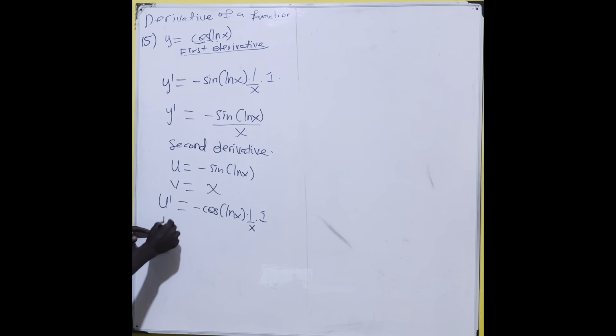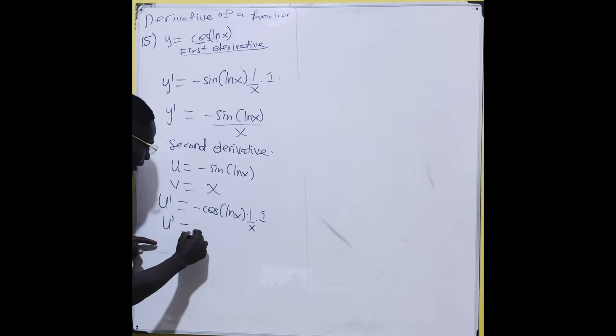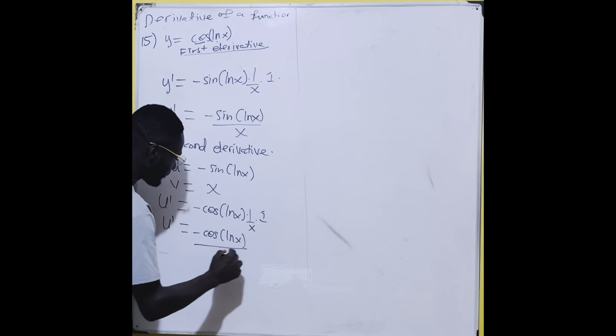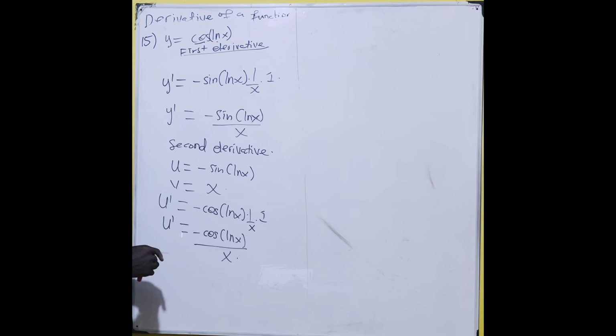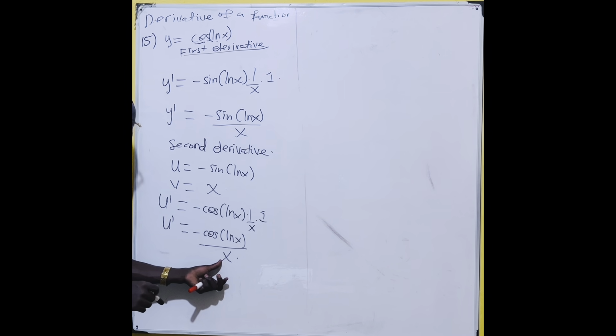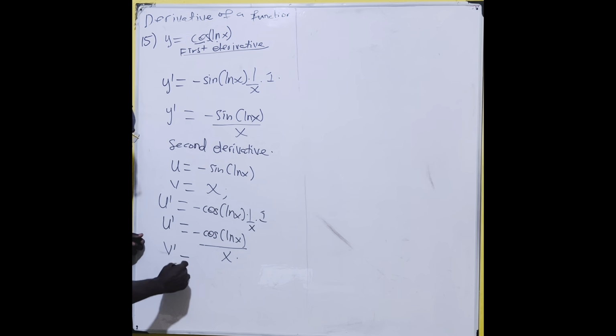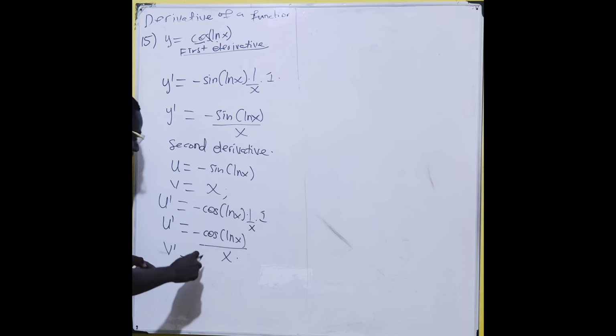So our u prime will be negative cos of ln x divided by x. So that is the derivative of u. We have to find v prime as well. The derivative of x is 1.